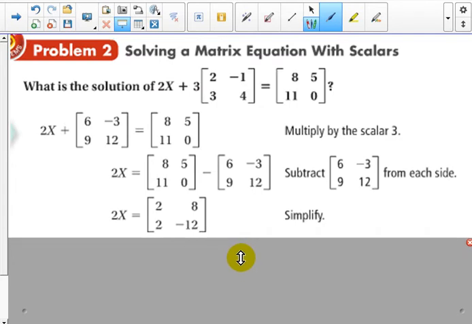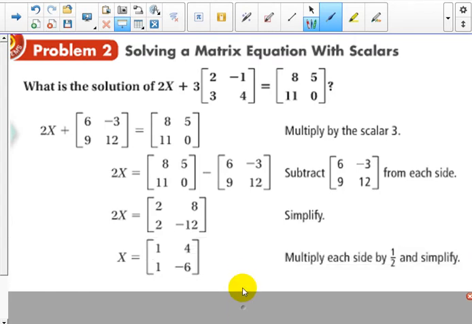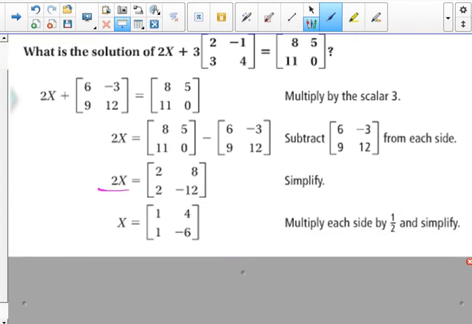Now, all we have to do, how would we get rid of that 2? Divide by 2. So we're going to divide everything by 2. You could also look at that as multiplying by a half. But I like to just take it the simple way, divide by 2, and divide everything in there by 2.